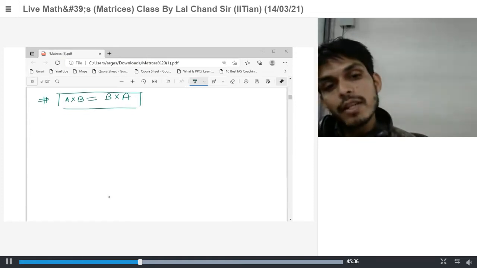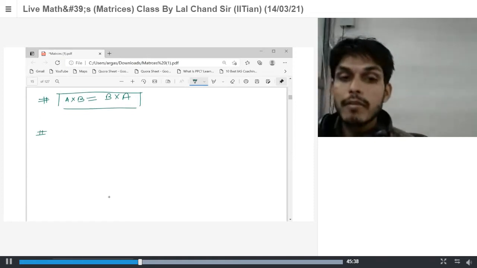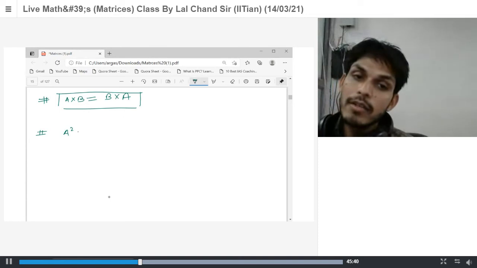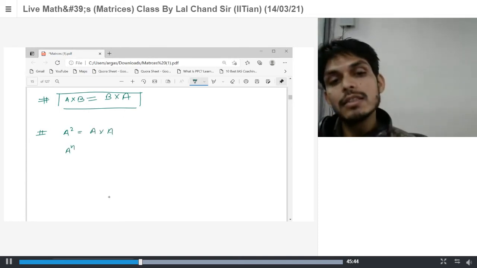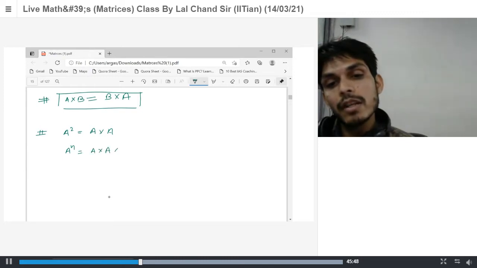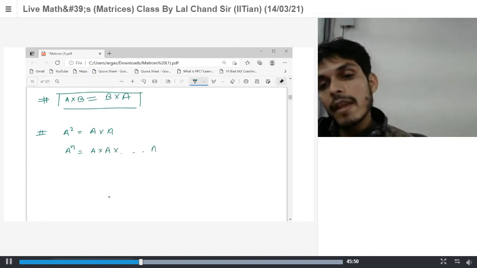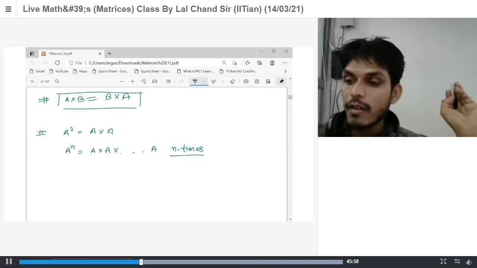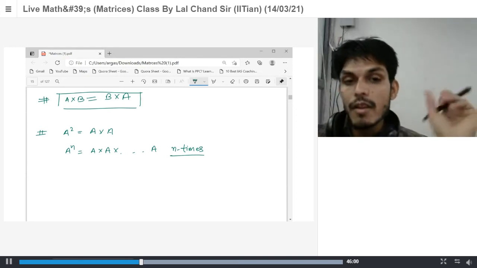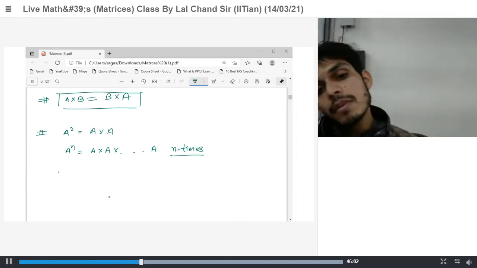we have some properties like A to the power 2, that is equal to A cross A. If I have A to the power n, that is simply equal to A into A into A, n times. Okay. If I have like A plus B whole square, then how am I going to write?